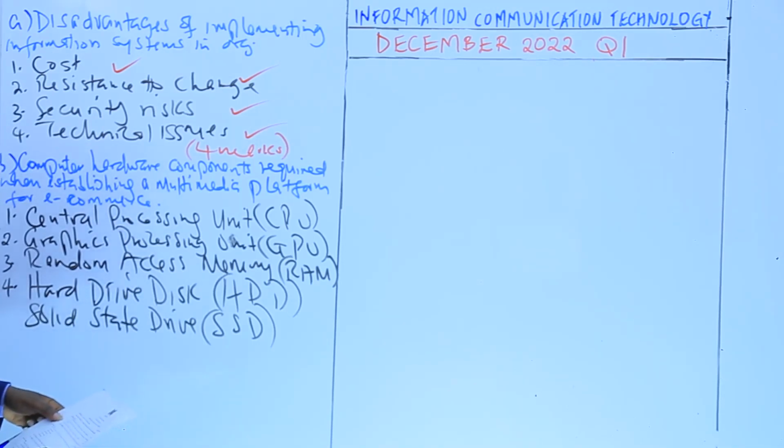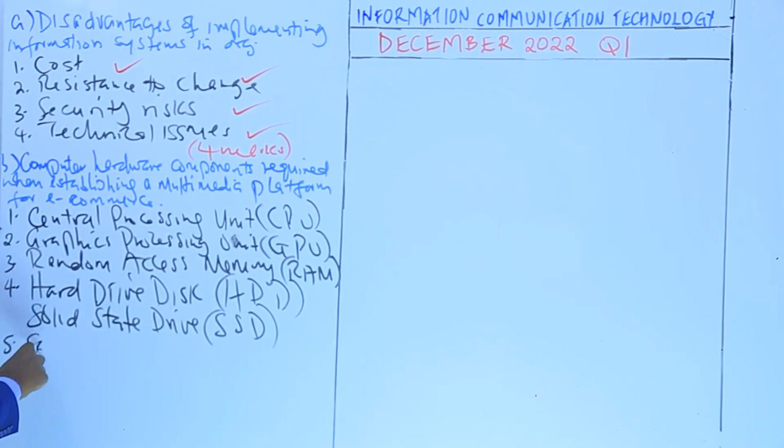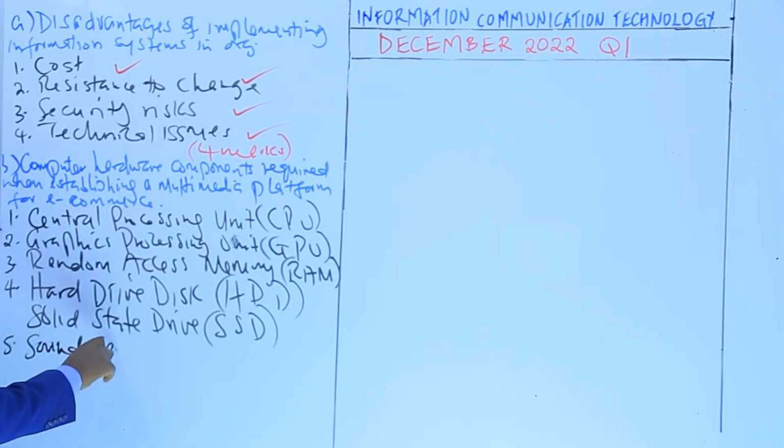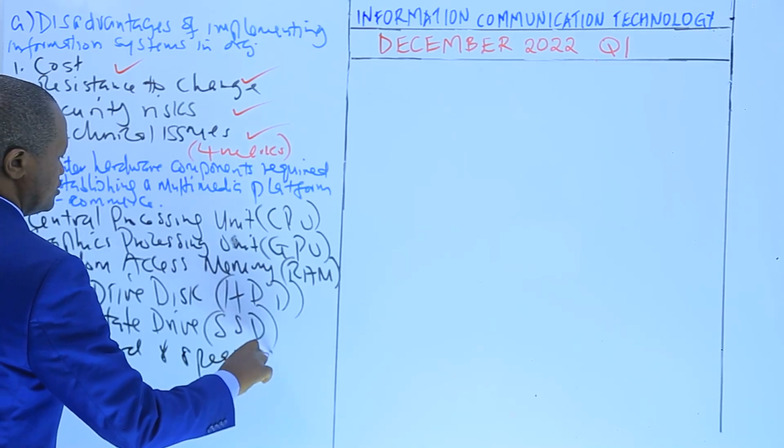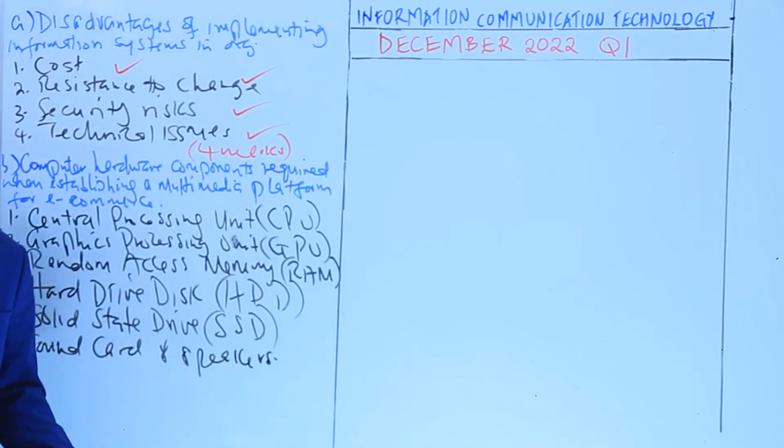These are 4. Then number 5, sound card and speakers.